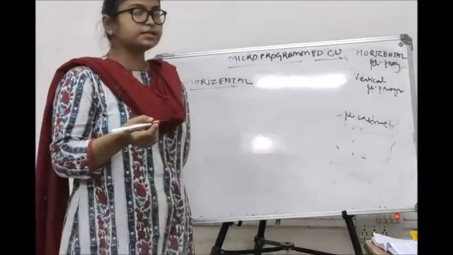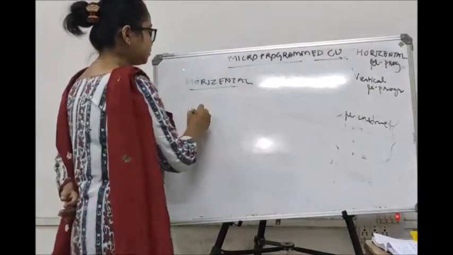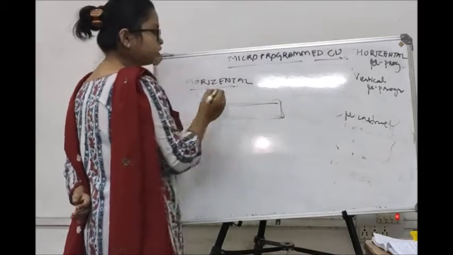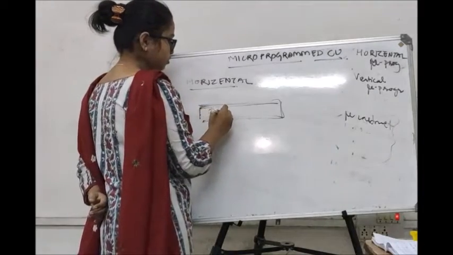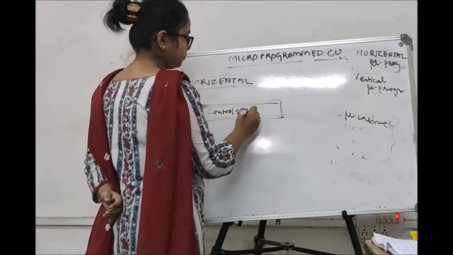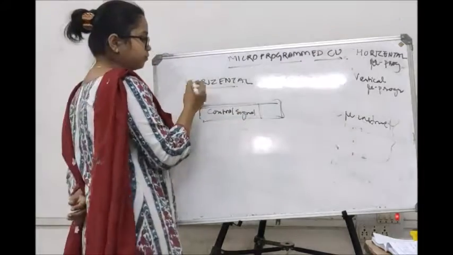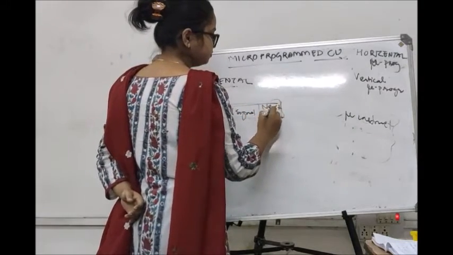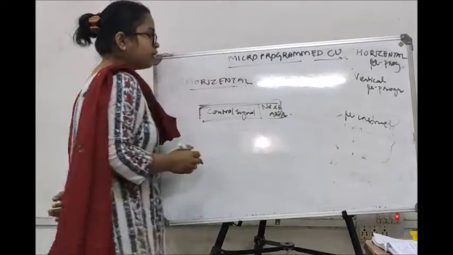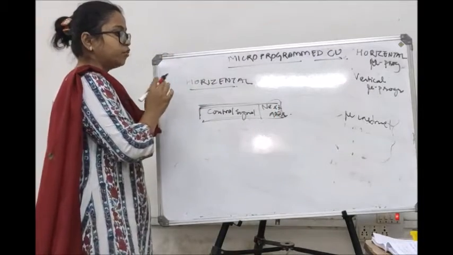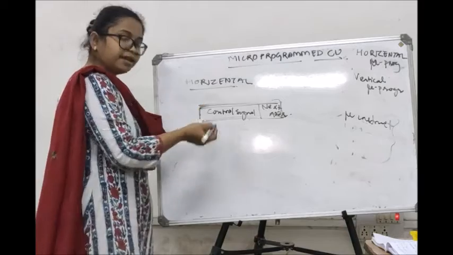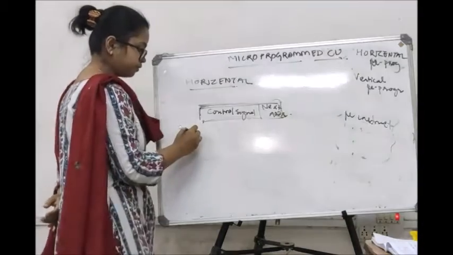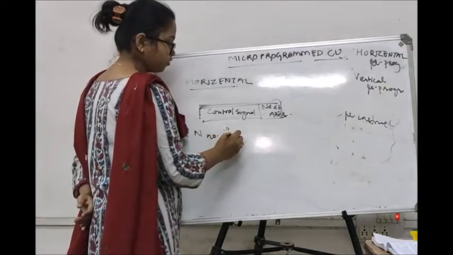Now in horizontal microprogramming, suppose this is our control signal. So in the control word, what is stored? Control signal or a microprogram, whatever, both are same, and next address, isn't it? Now in horizontal microprogramming, if there are n number of control signals, we need n bits to represent it.